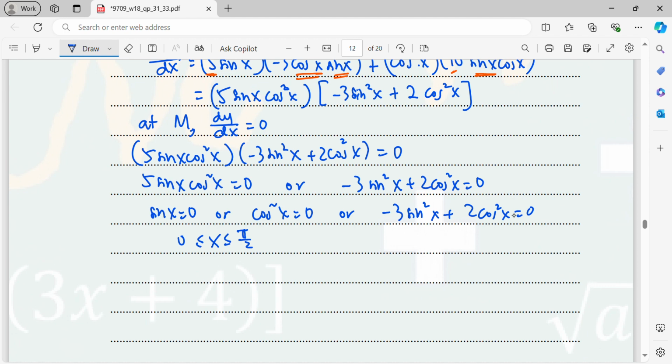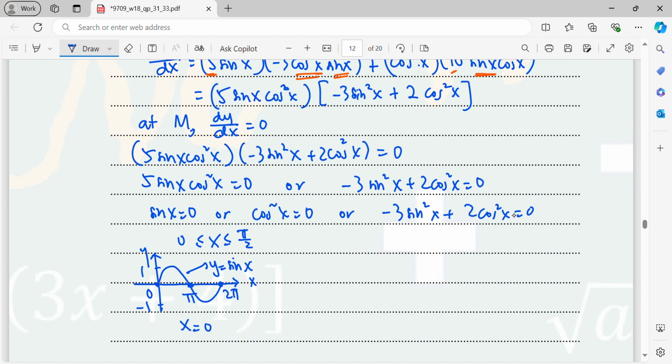Sketch your sine graph. This is 2 pi, here is pi and 0. Maximum 1, minimum minus 1. So this is y equals sin x. That means x equals 0.